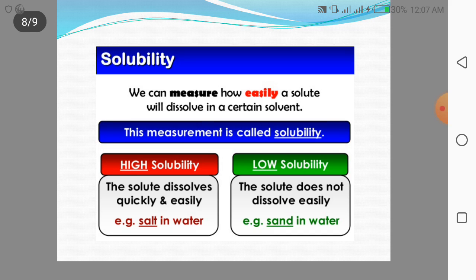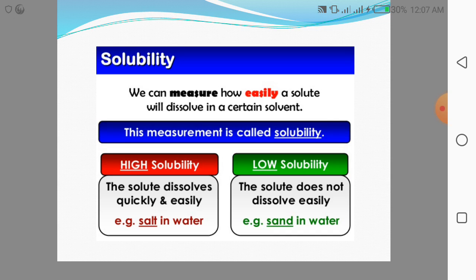Next we are going to discuss solubility. Now what is solubility? Solubility measures how easily a solute will dissolve in a certain solvent. As we have discussed before, the solute is the one that is going to be dissolved in the liquid and the solvent is the one in which the solute is dissolving.